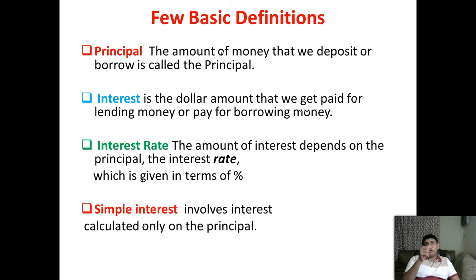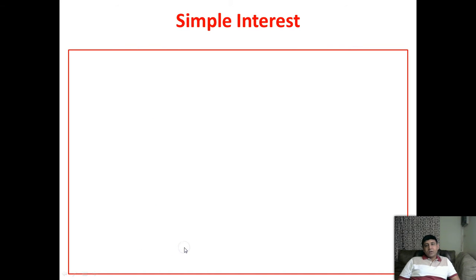You only calculate the interest on 1000, the original amount, whatever you invested. You do not worry about the accumulated interest. If you also include the accumulated interest, that's a compound interest formula, which we will talk about in the next section. So simple interest is the main topic of this section.